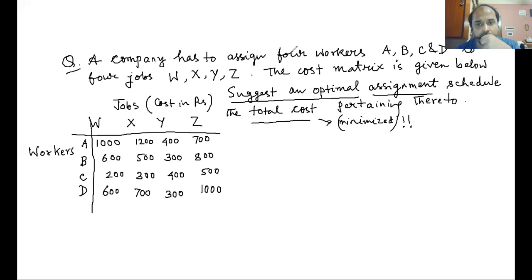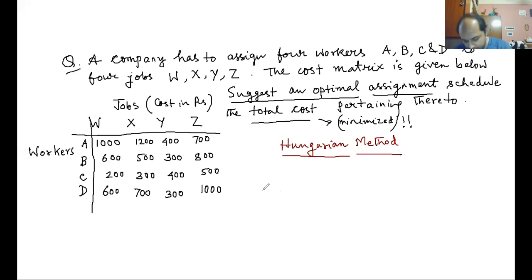Okay, so I'm going to solve this particular problem right now, for which I'm going to use the Hungarian method. In my last class I discussed the development of the mathematical model corresponding to the assignment problem, and I also solved one very easy, very basic problem by using the Hungarian method.